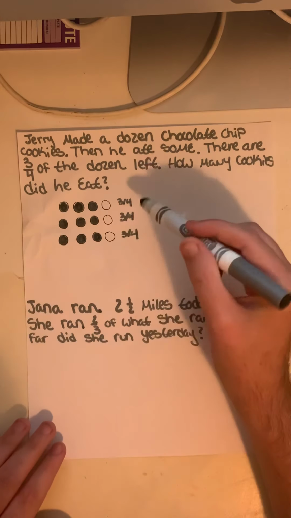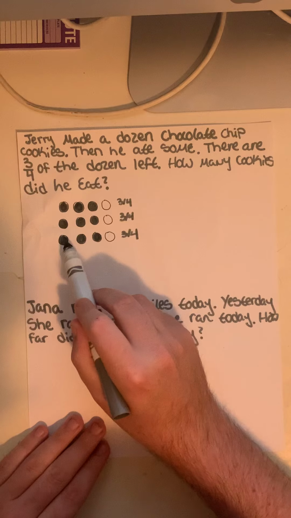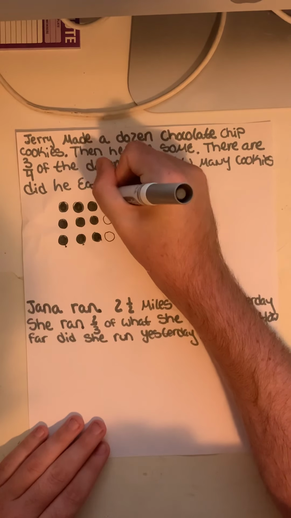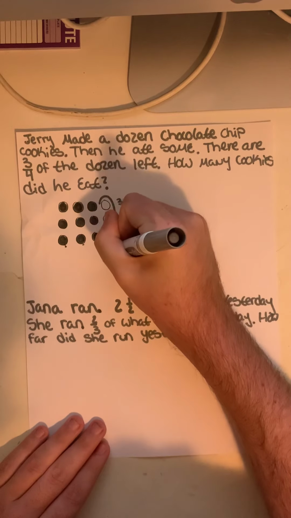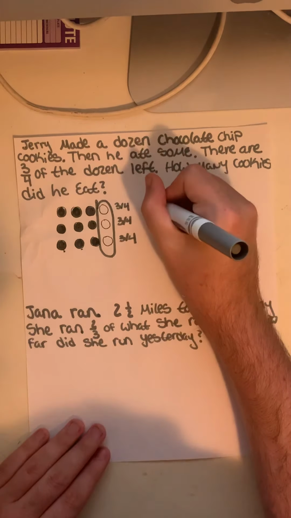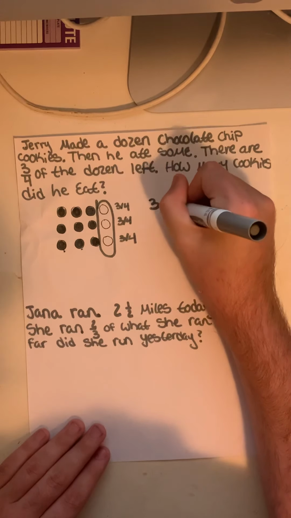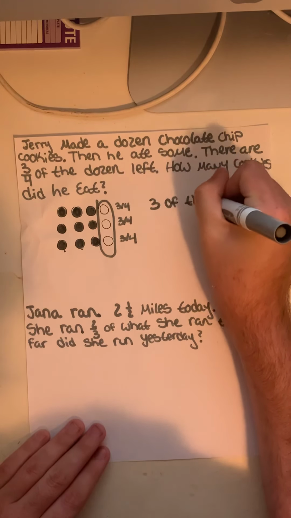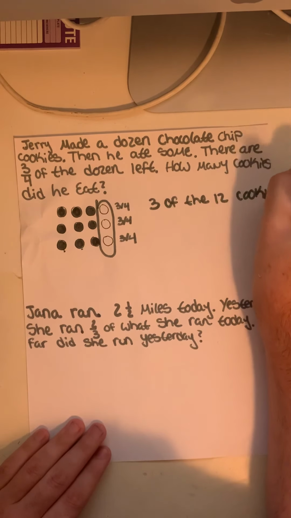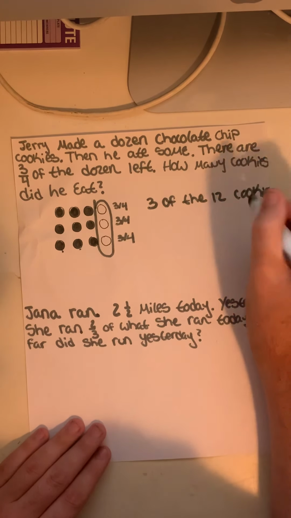So it says, how many cookies did he eat? Not how many are left. So these are the ones that are left. So it looks like these are how many that he ate. Jerry ate 3 of the 12 cookies, or 3 of 12.